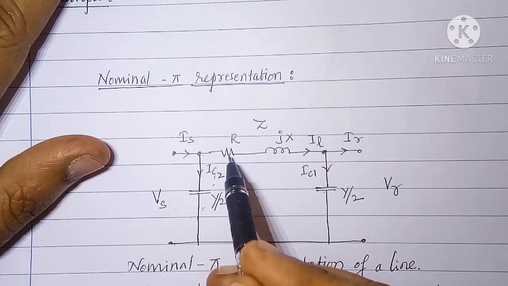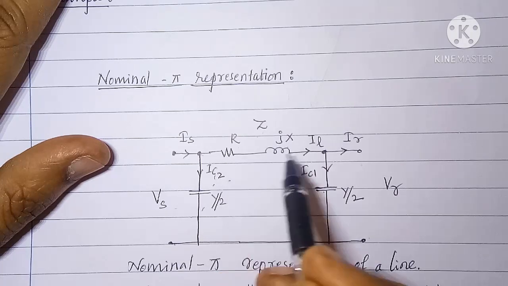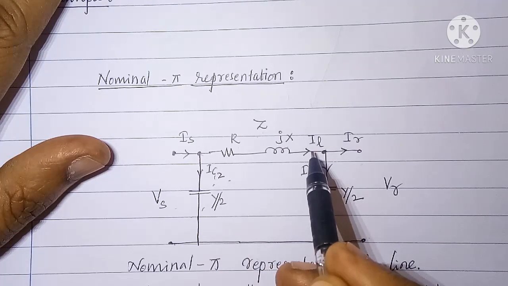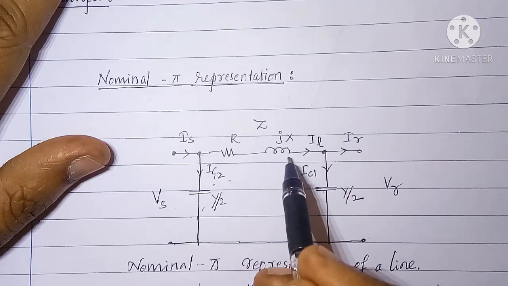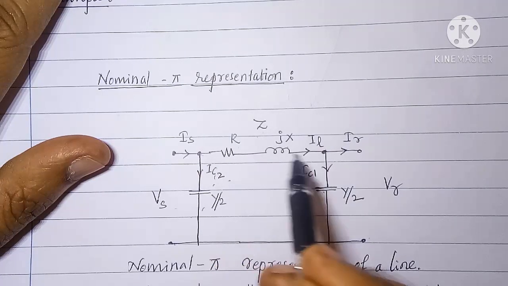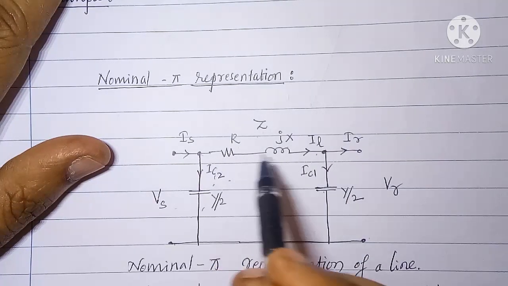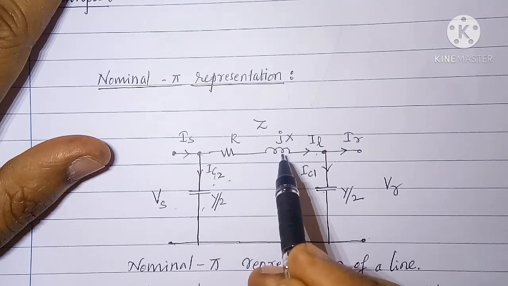Voltage across the resistance here will be in phase with current flowing through it, that is IL. So we have to show IL into R parallel to IL, and at 90 degree to that IL into R we have to show IL into jX.